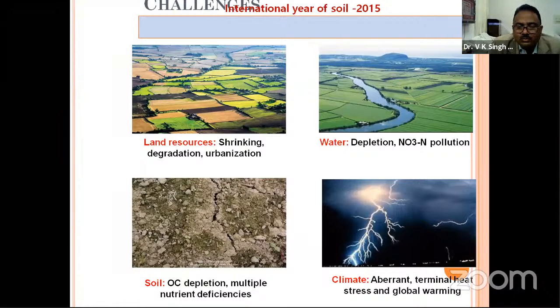And on the other side, due to excessive use of water or nutrients or other economic practices, degradation is occurring. So these are the major concerns which directly or indirectly affect our nutrient management. Another is water. In two ways it is affecting our nutrient management.